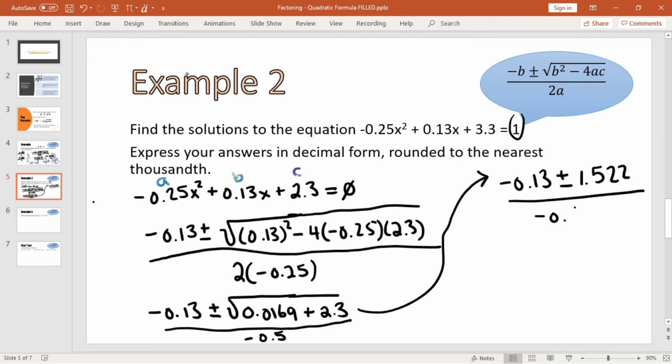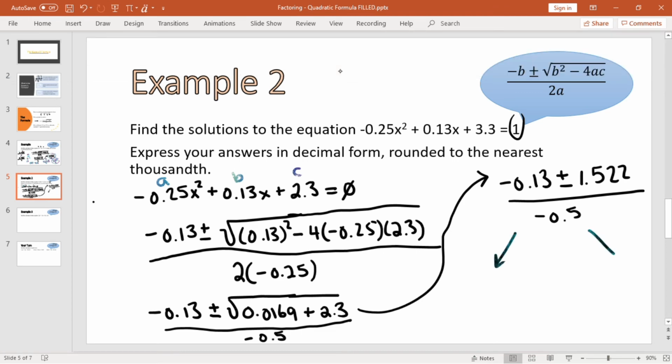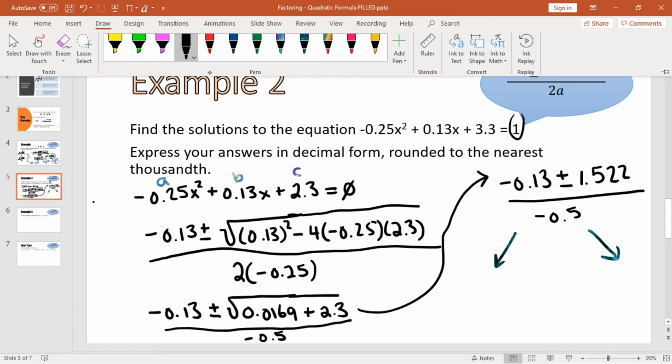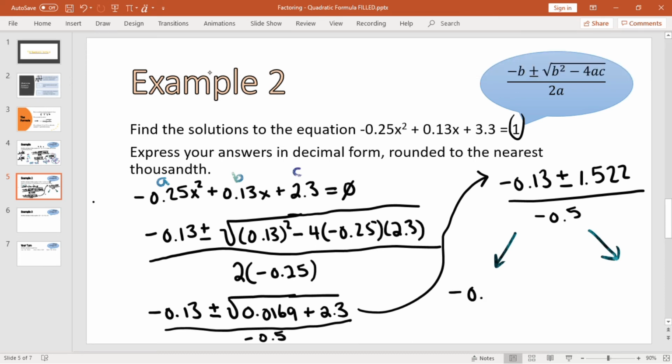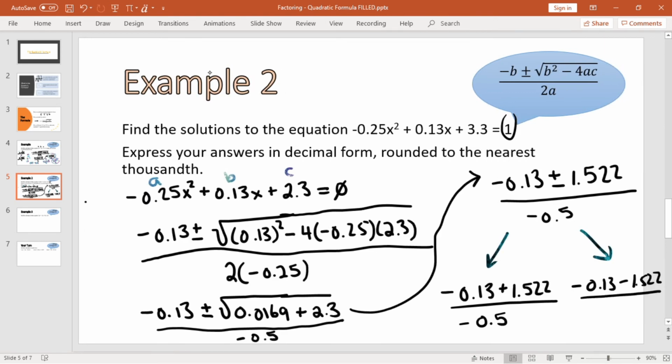that number. So that means, and I always like to split it into two chunks at this point just to keep myself straight, I'm going to have something that is 0.13 plus 1.522 divided by, and remember to do that math in the numerator first, and a second root or solution, minus 1.522 divided by.